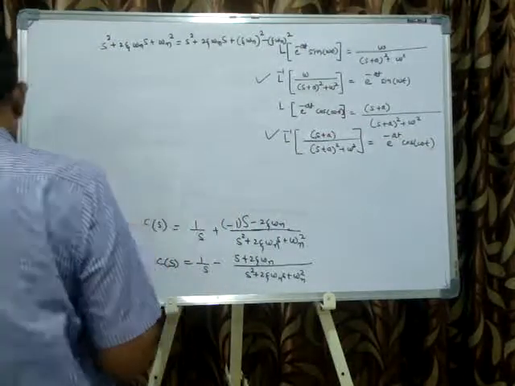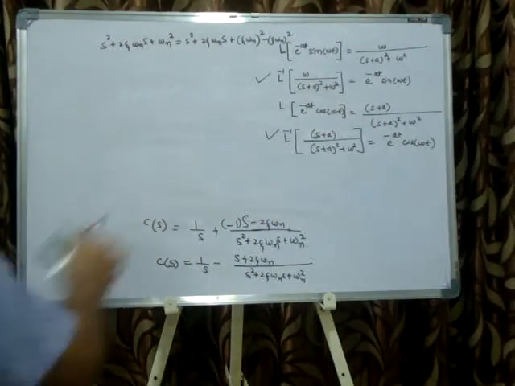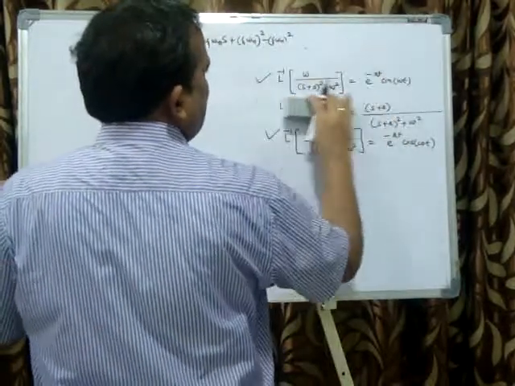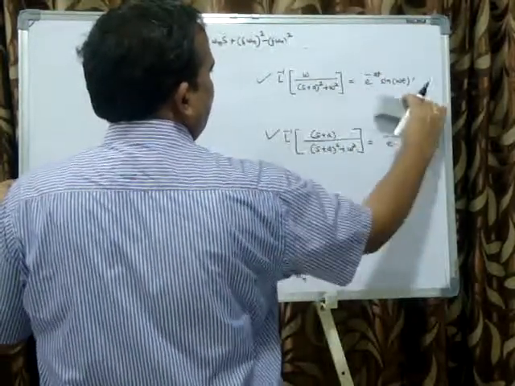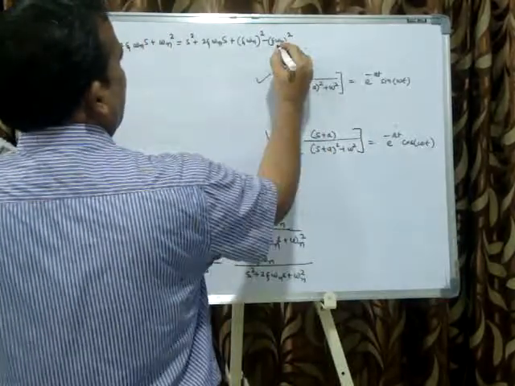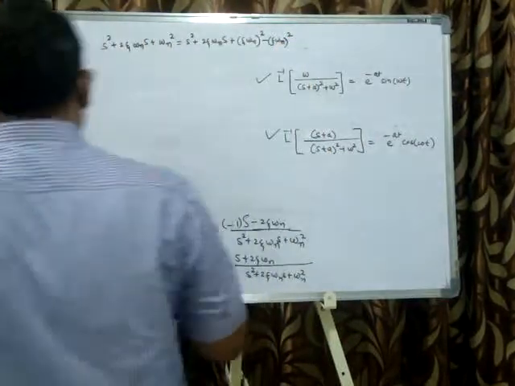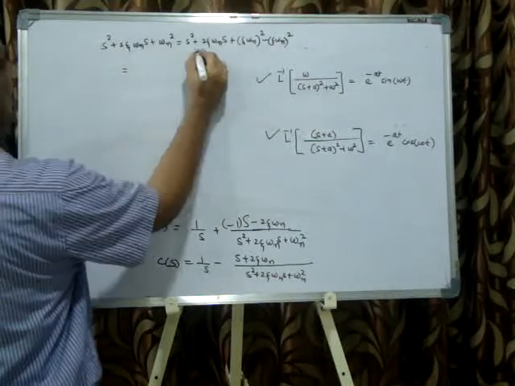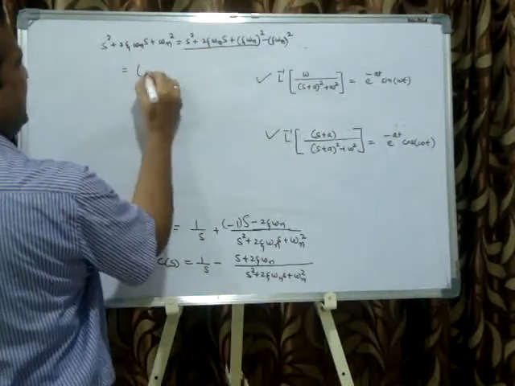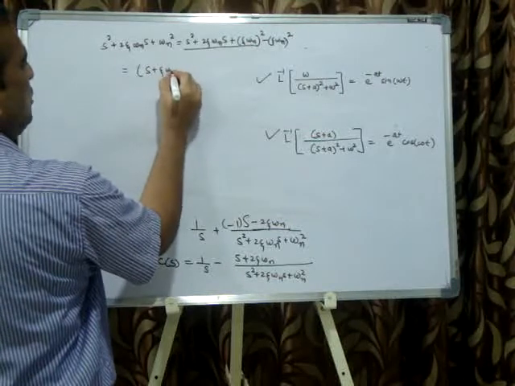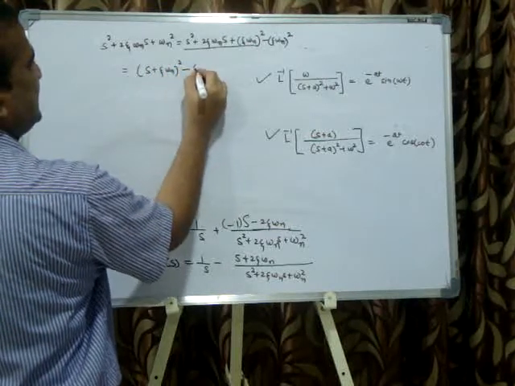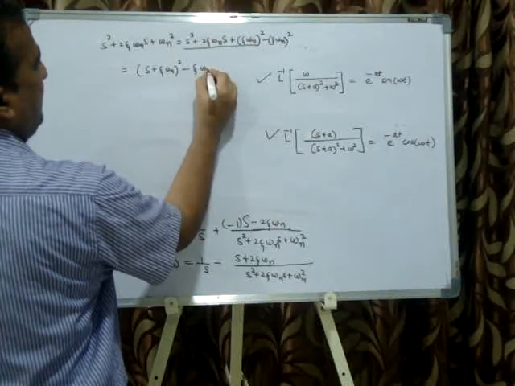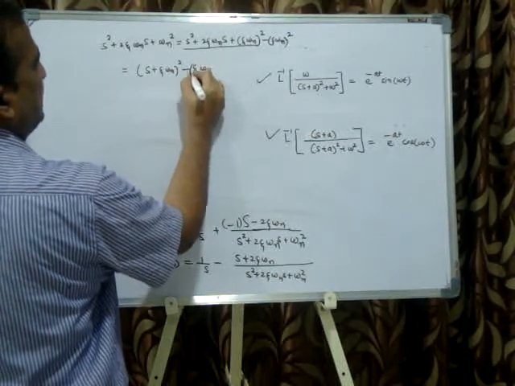Now I can add this as well as I can subtract this also. So I added half of the s coefficient. This becomes what? S plus zeta omega n whole square minus zeta omega n whole square.